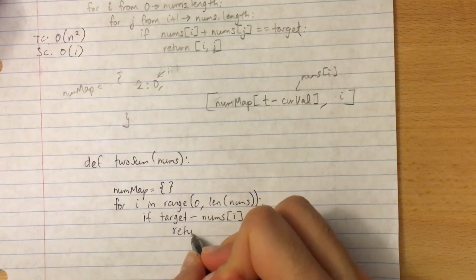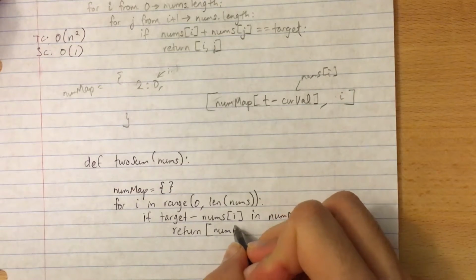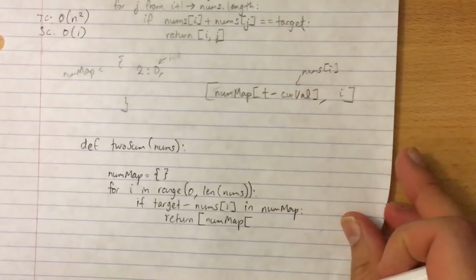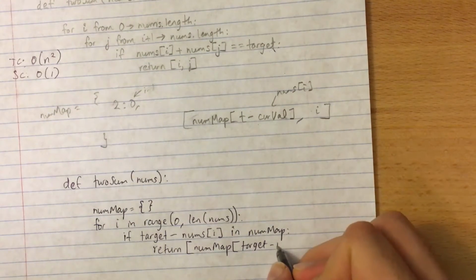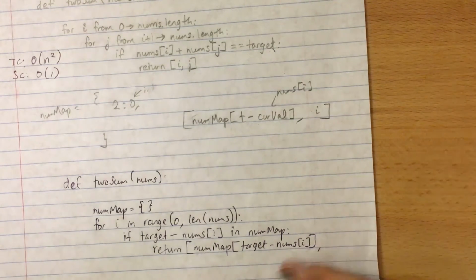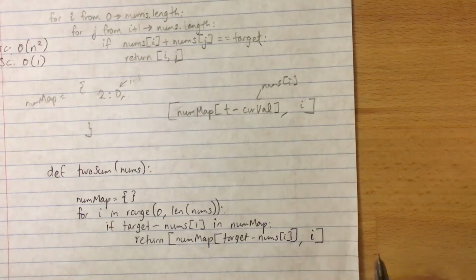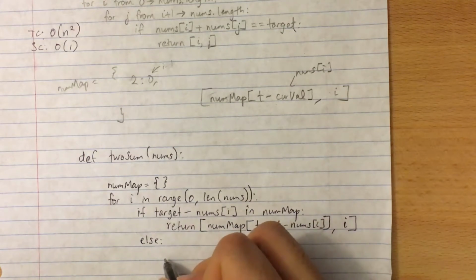If so, you return the particular indices. So I say nummap at target minus nums at i, which is the index of its complement, and since I'm at the index i, return i. Else I have to add it to my given hash map.